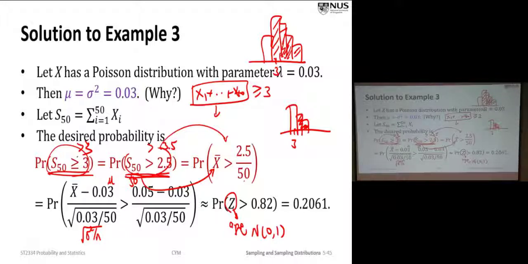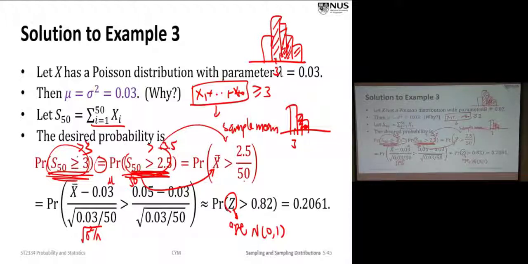Now, step by step, this is what we are asked to find: S50, meaning x1 plus x2 up to x50, greater or equal to 3. This is the question. All right? And then I do the continuity correction. Then, instead of the sum, I work with the sample mean. So I convert it to a statement concerning the sample mean instead of the sample sum.